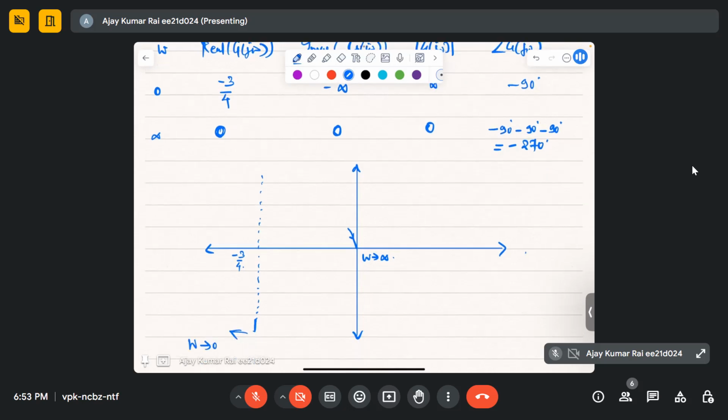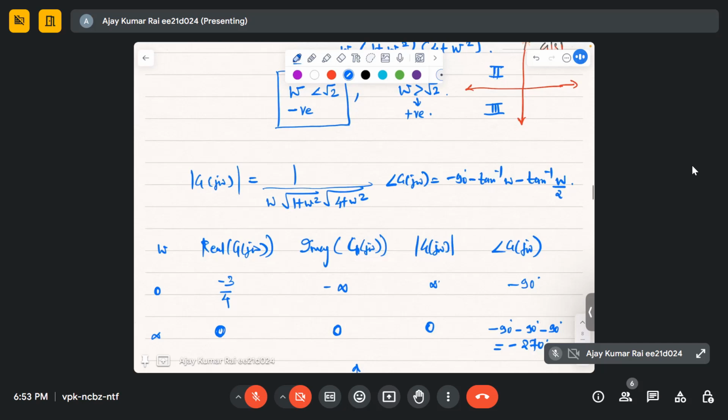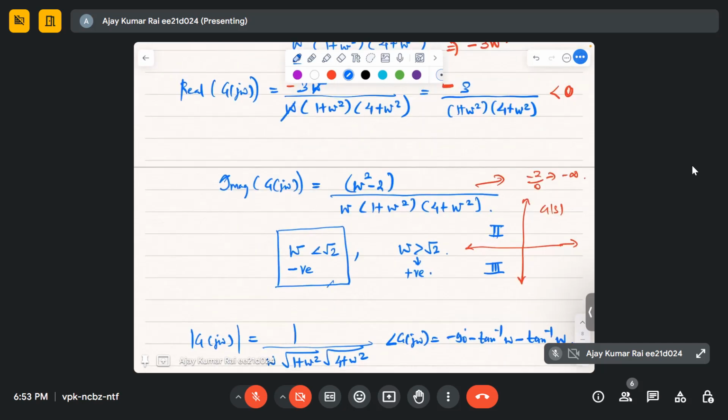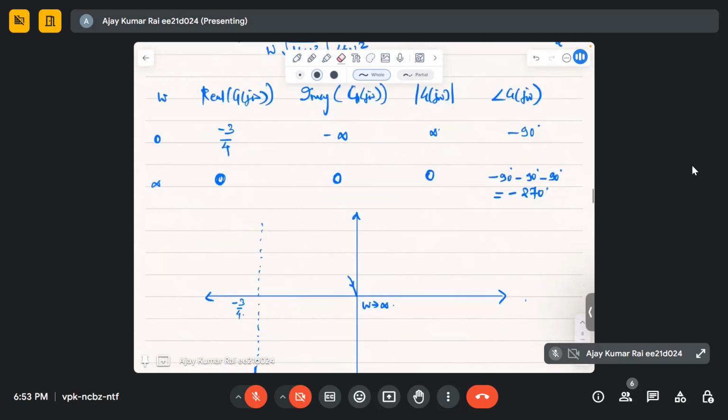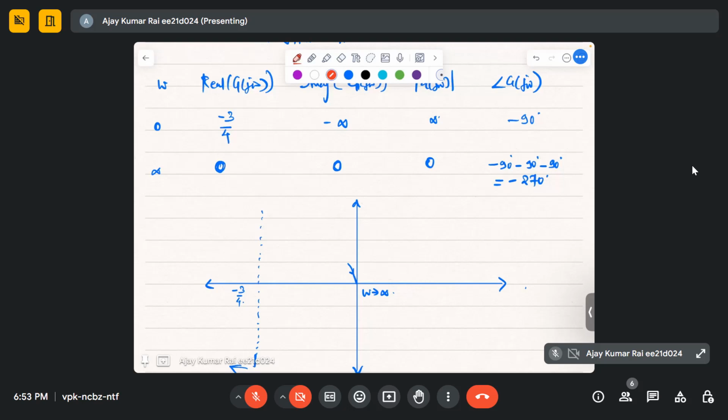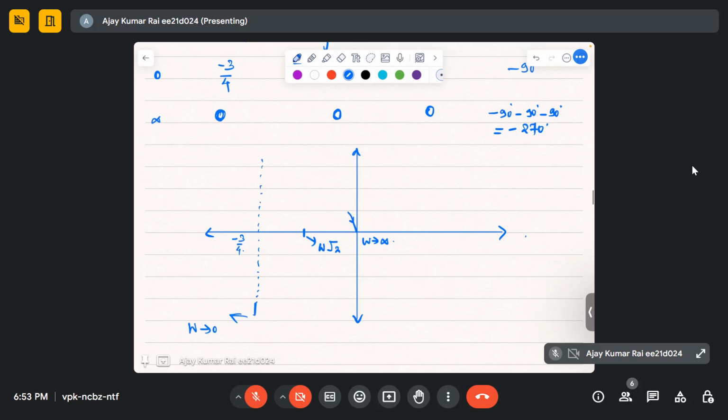It's going to cross, because we have already found that for omega less than root 2 it's negative, and for omega greater than root 2 it is positive. So somewhere here we'll have a point where we cross from negative to positive, like this.